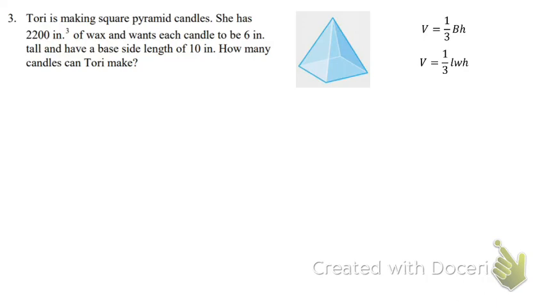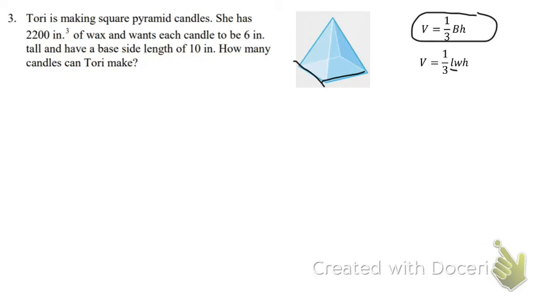Let's see. Tori is making a square pyramid. Oh, square pyramid candles. Okay, if it's a square pyramid, then the bottom is a square. Since it comes to a point, the general formula is 1/3 area of the base times the height. Since the base is a square, it's length times width times the height.